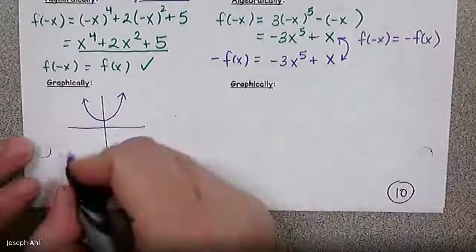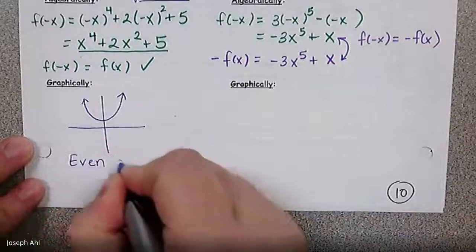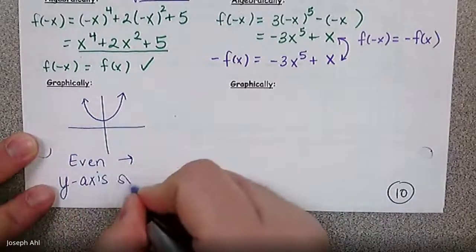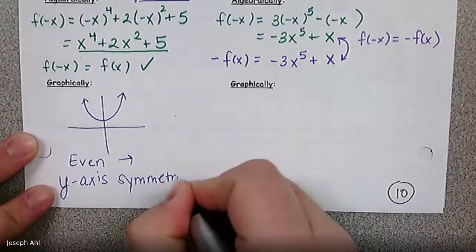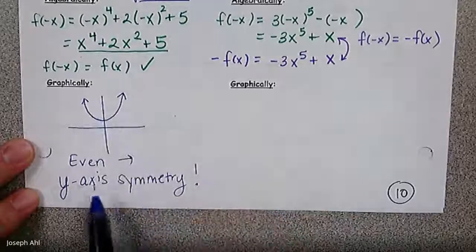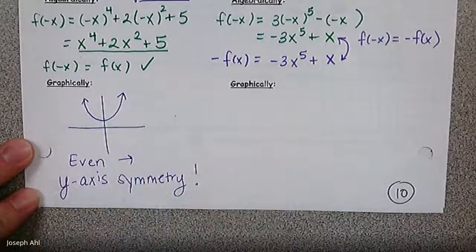And graphically, if something is an even function, it is symmetric about the y-axis. So that's a really important connection to make. If you have a graph of a function and it has y-axis symmetry, it's an even function.